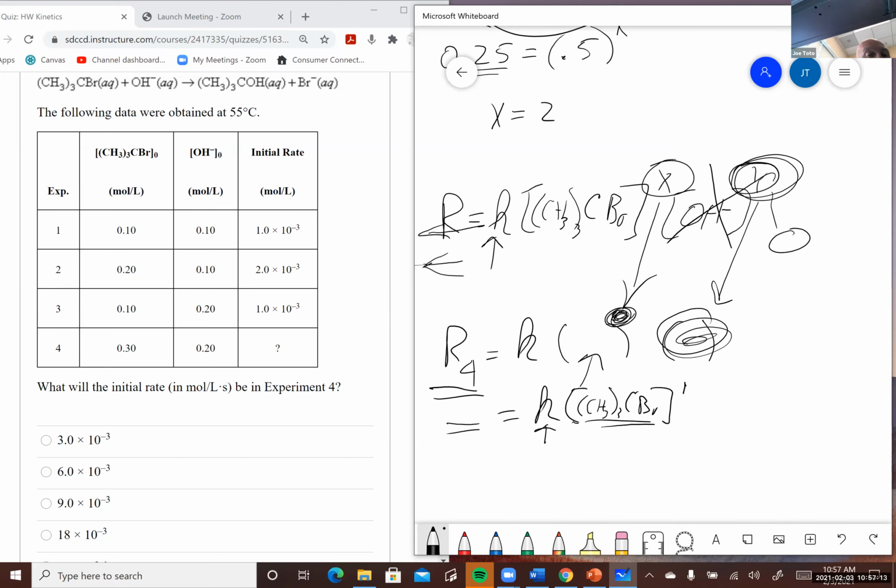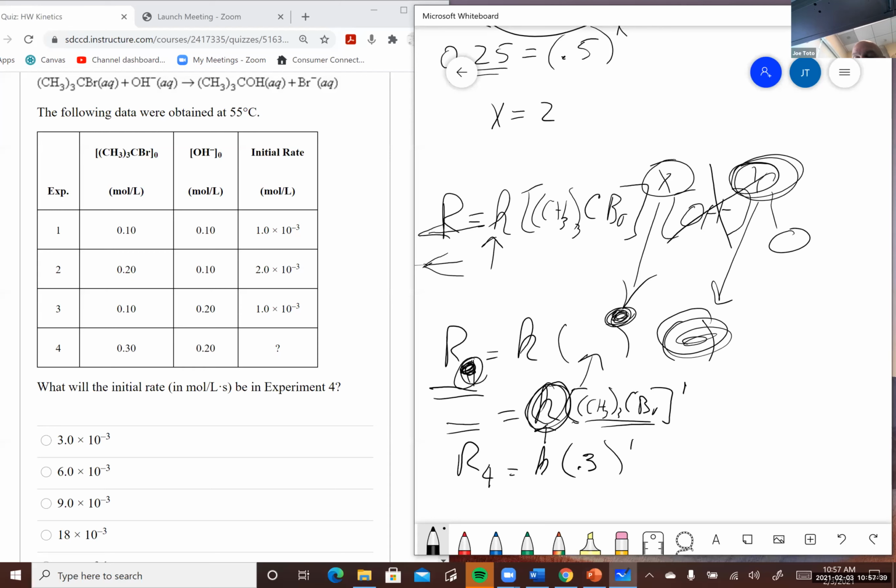They should be pretty close, but just one should do to calculate k. And then you can plug that k in for R4, which equals k times that to the 1 power, which would be 0.3 for experiment 4.